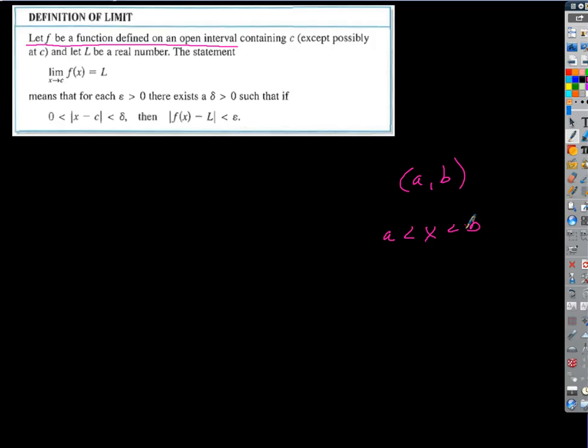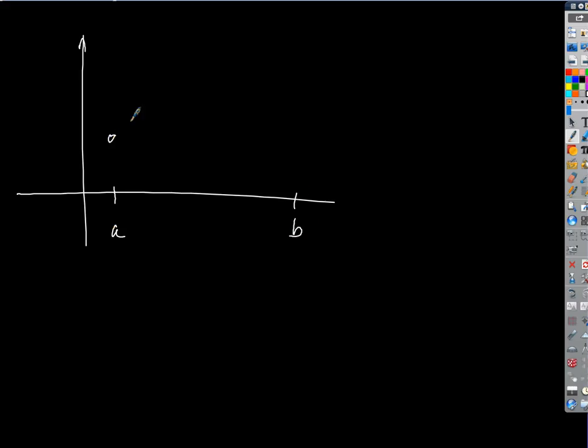We looked at a bunch of examples earlier. I'll come back to this in just a second. We looked at a bunch of examples earlier where we did stuff like this, right? Where we just looked at graphs. Remember this stuff, right? Is the function defined everywhere on that open interval?